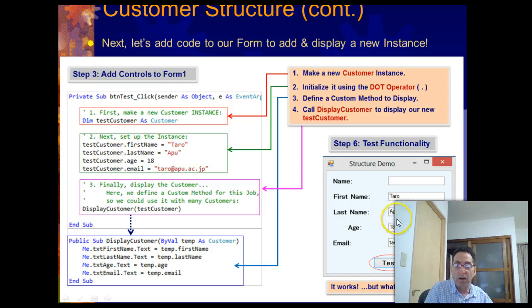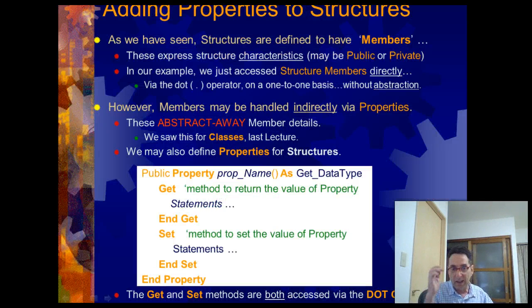We want it to be Taro APU, right? So we want to control this to some degree, okay? Because it's supposed to be the combination of this and this. We don't want to allow someone direct access to this member or this field. Okay, so that's the idea.